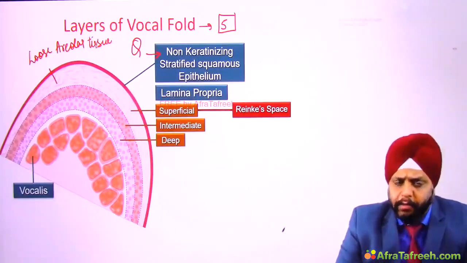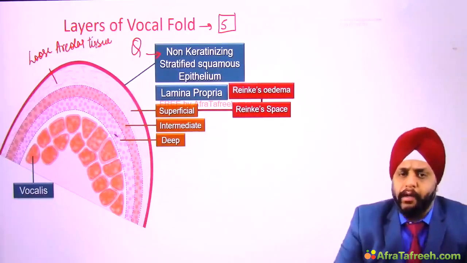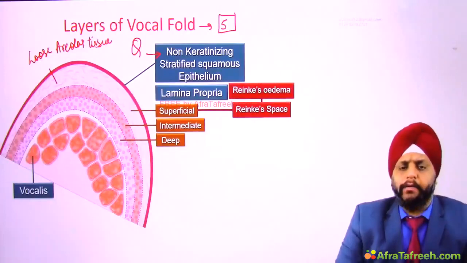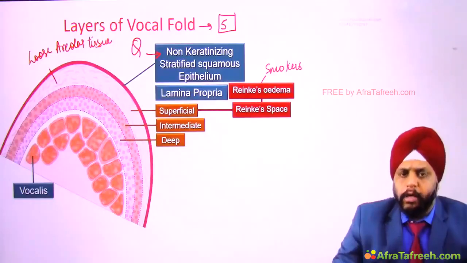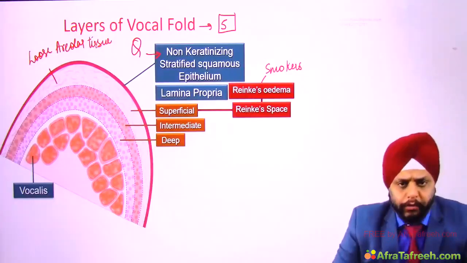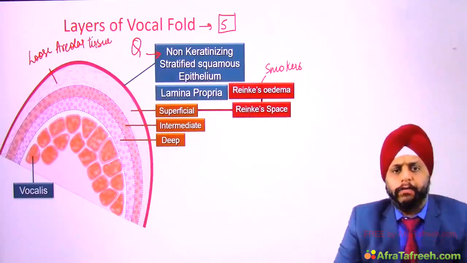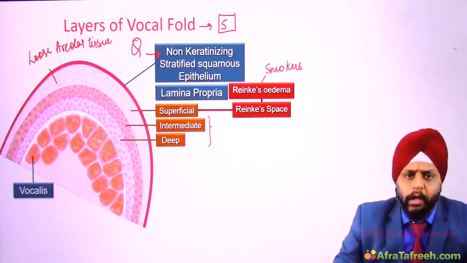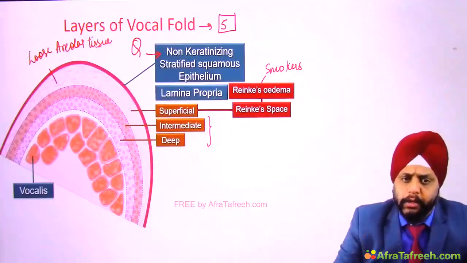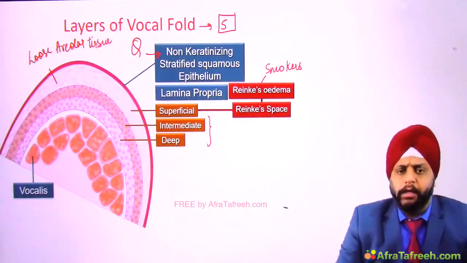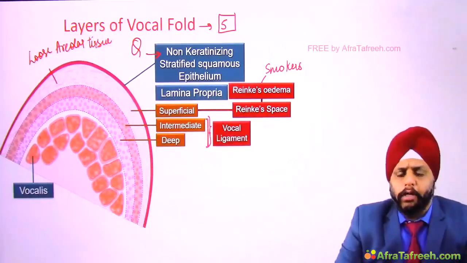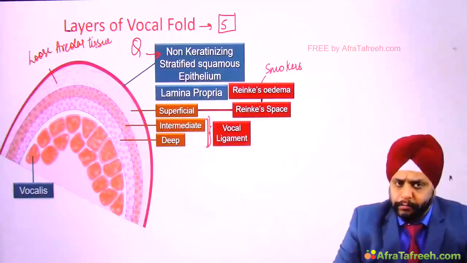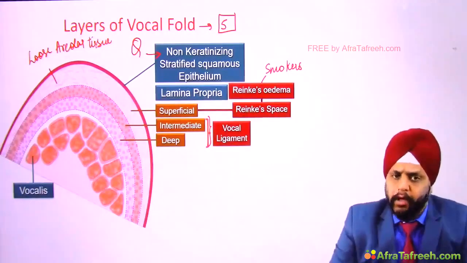If we have edema in Reinke space, this is known as Reinke's edema. Reinke's edema is seen in smokers. Then we have the intermediate and the deep layer. The collagen fibers in both these layers combine to form the vocal ligament. And finally, we have the vocalis muscle.